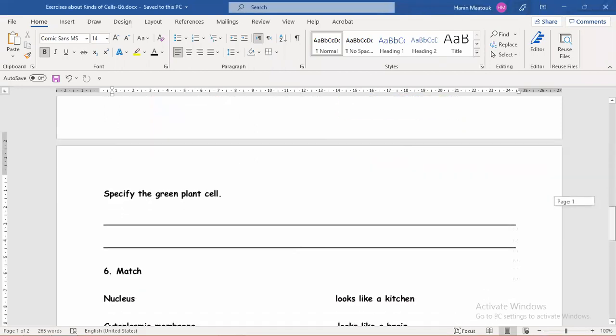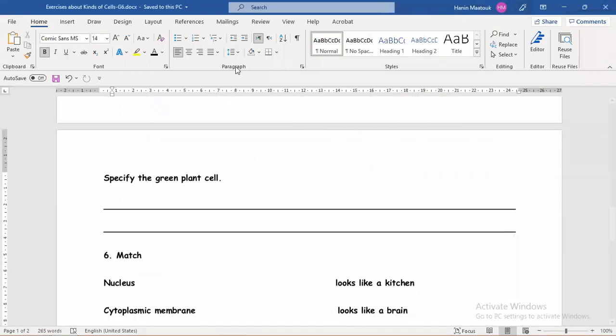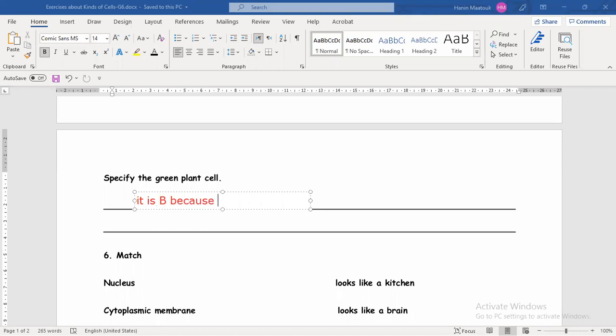So in this case, we will answer as follows. Specify the green plant cell. It is B because it has green parts, or organelles we can say, and these organelles are called chloroplast.